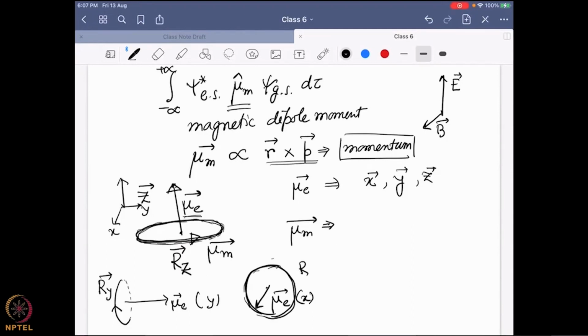It will be Rx. So what I'm trying to say is that the magnetic field created over here will be perpendicular to the axis of the electrical dipole moment, and it will show a rotational behavior. That is why a magnetic dipole moment can be defined as Rx, Ry, or Rz, or a combination of them.